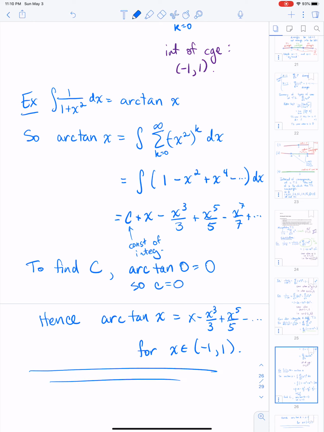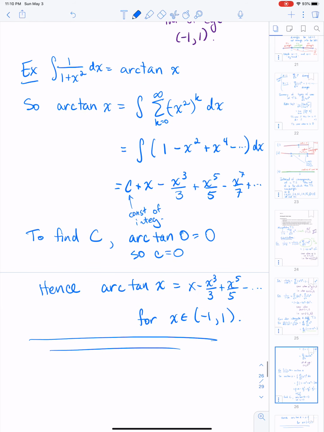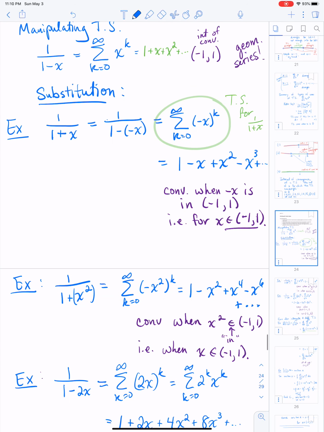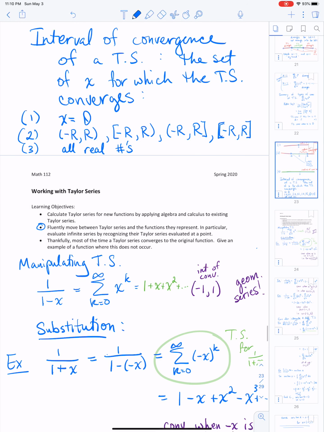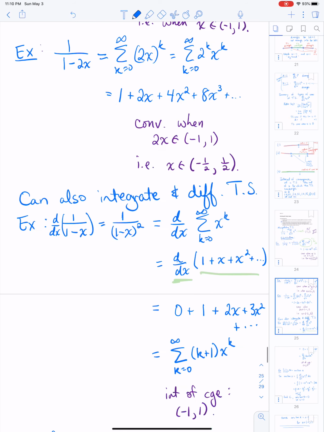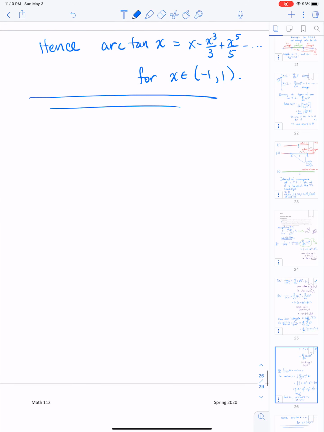Okay, so there is that example, and now moving into this second bullet point here, we can actually use the Taylor series to evaluate infinite series and also to make approximations. So let's try the following example.